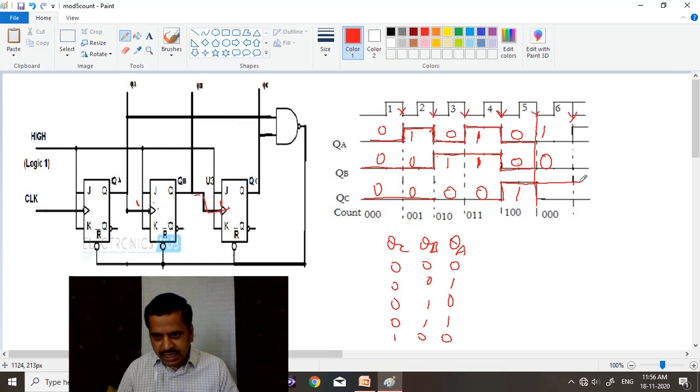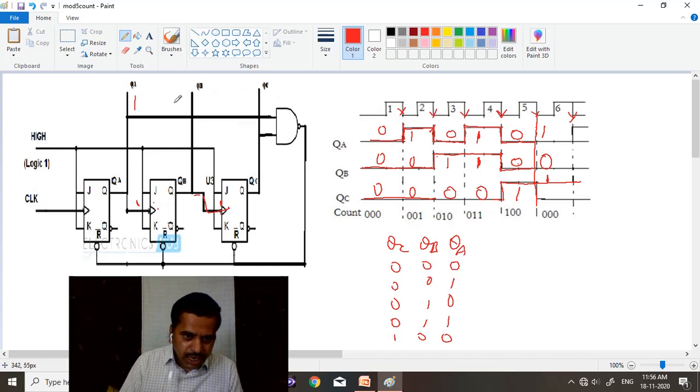At the end of the fifth clock cycle, it should be 1, 0, 1.